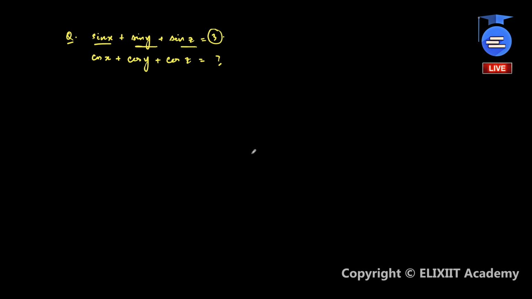So what can we say from here? This equals 3 only when sin x, sin y and sin z attain their maximum value. If sin x is 1, sin y is 1 and sin z is 1, then only this will give you 1 plus 1 plus 1, that is 3. If you give some different value to sin x, let's say 0.5, then you have to increase the remaining values of sin y and sin z, which is not possible.